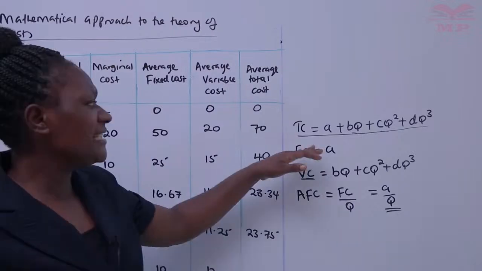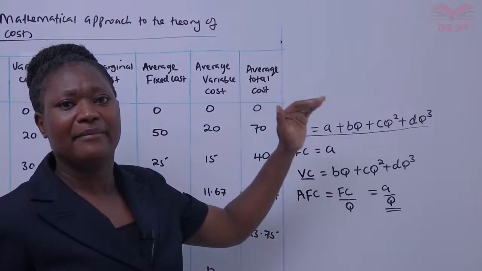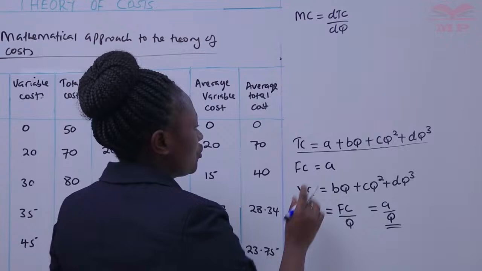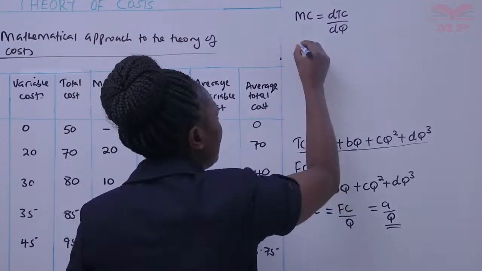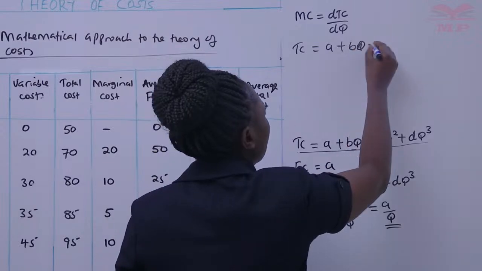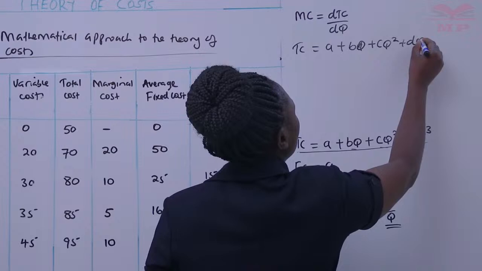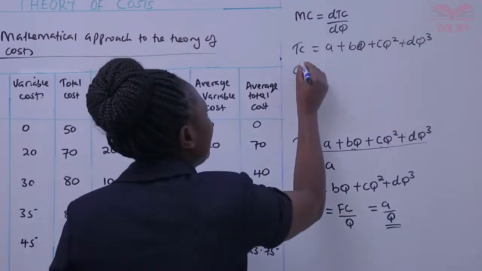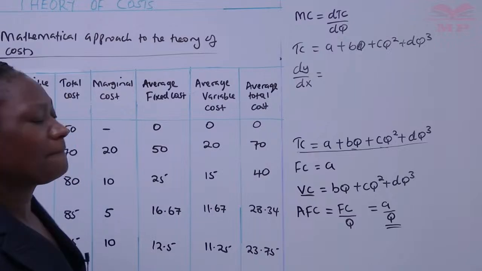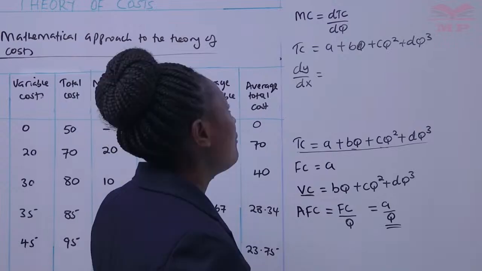Differentiating the total cost function gives you the change in TC over change in Q. So if TC equals A plus BQ plus CQ squared plus DQ cubed, then to find MC, whenever we have a constant, that constant automatically disappears, so A will not be there.